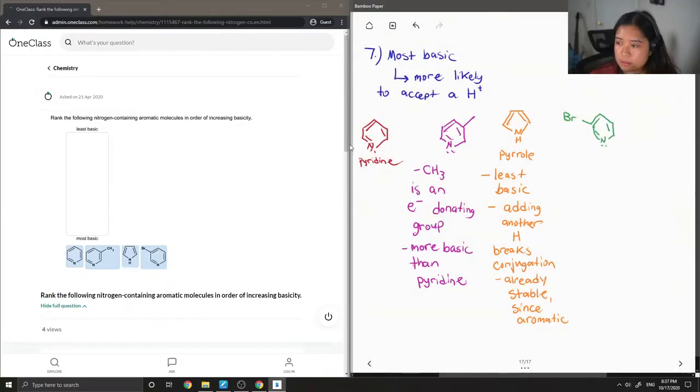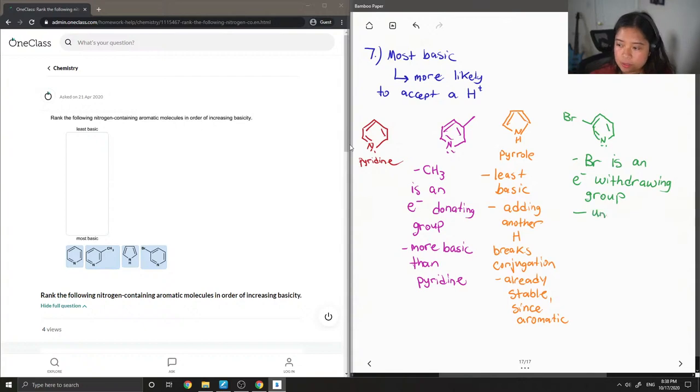And then on the other hand, let's look at the bromine. Bromine is an electron withdrawing group. It's kind of like the opposite of the CH3.